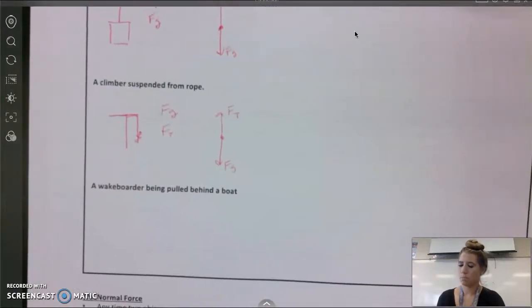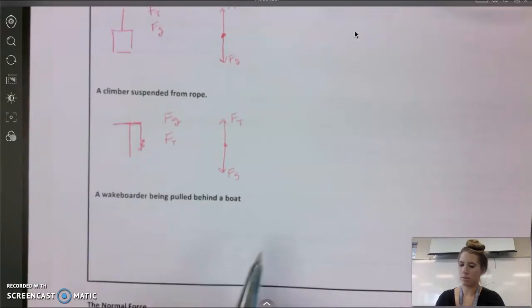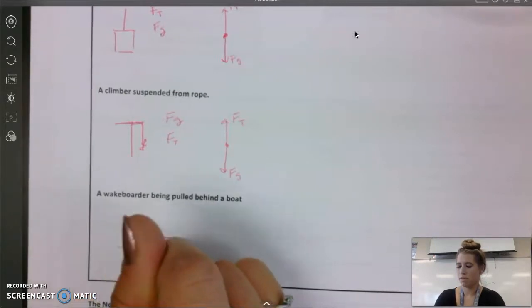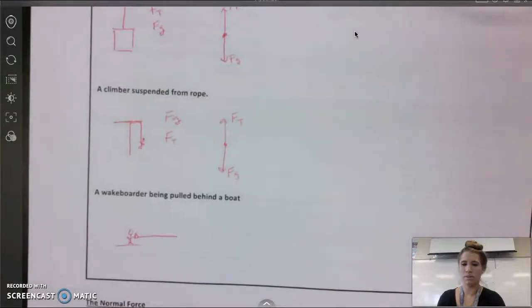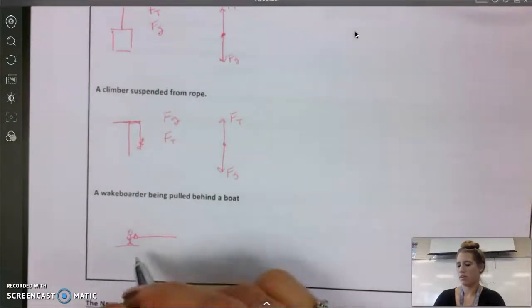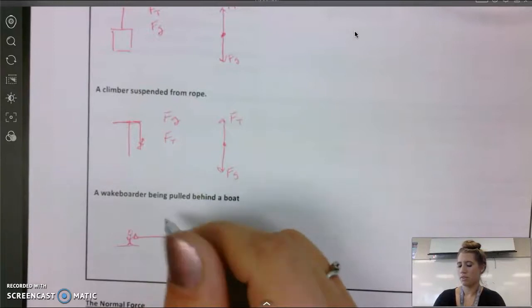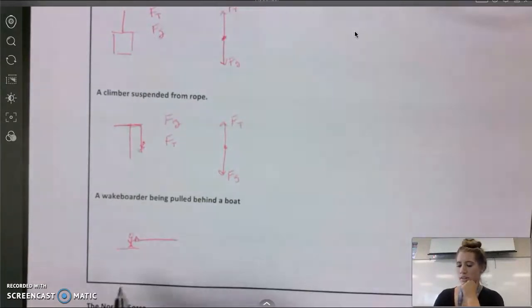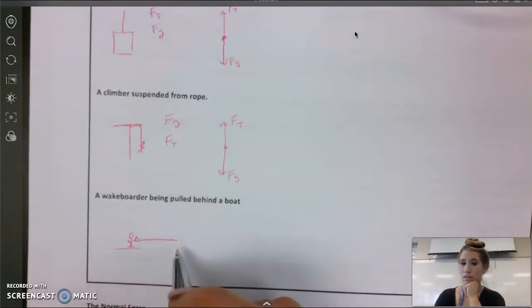A wakeboarder being pulled behind a boat. Okay, so we have our wakeboarder, and he's being pulled behind a boat. Let's recognize that we have a force due to gravity, and then we also have tension.